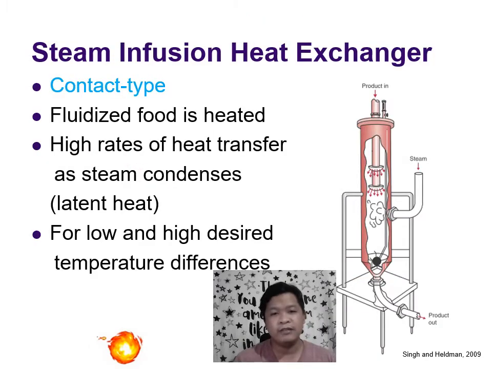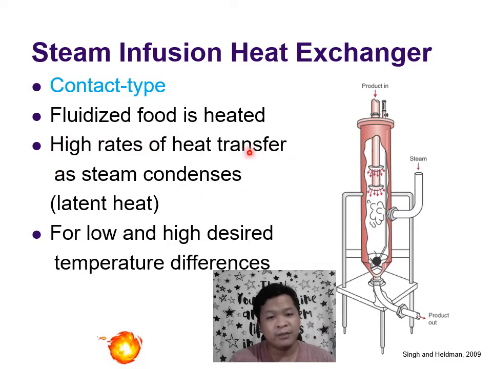So finally, we have the steam infusion heat exchanger, which is one example of the contact type heat exchangers. So this is used for fluidized food, meaning to say kung halimbawa kung liquid man siya, it is turned into droplets, maximizing the surface area for heat transfer of the individual food particles, or kung parang powder man siya, kung sakaling solid siya, no?